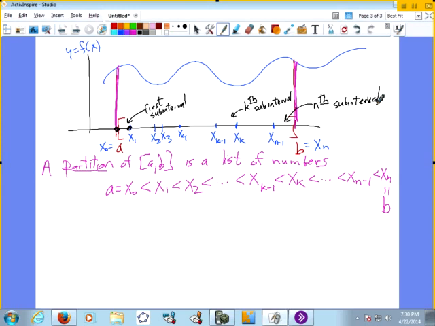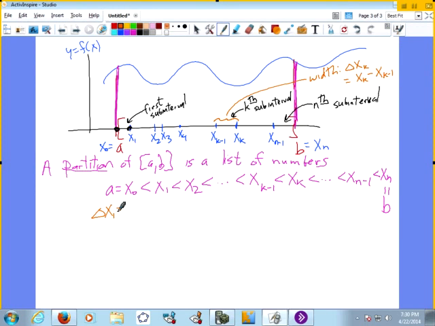Okay. The width of a subinterval is something called delta x of k. It's the change in x of k. And what that is, it's the difference of the right-hand endpoint xk minus the left-hand endpoint.